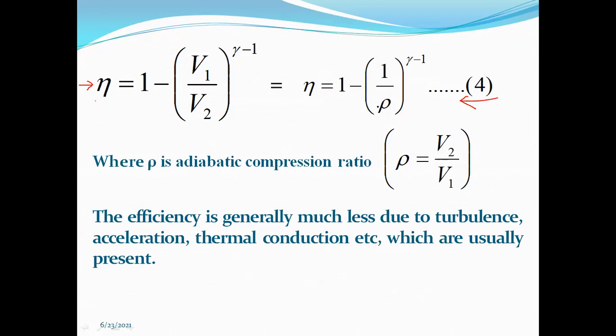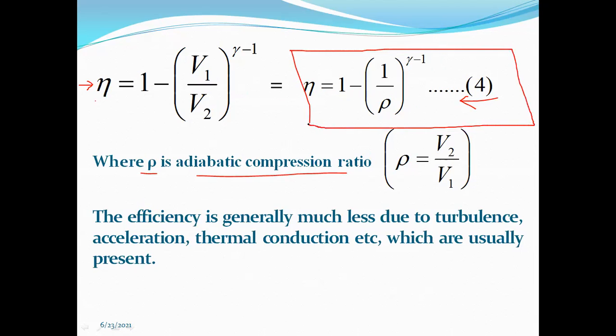Here we have substituted rho, where rho is the adiabatic compression ratio, and therefore rho is equal to V2 upon V1. Here V1 upon V2 is there, but rho is equal to V2 upon V1, so you have to remember these things. Hence, equation number 4 is eta equal to 1 minus 1 upon rho raised to gamma minus 1, and this rho is V2 upon V1, which is nothing but the adiabatic compression ratio.